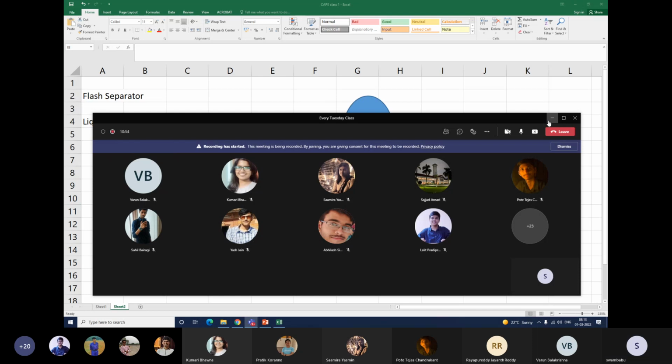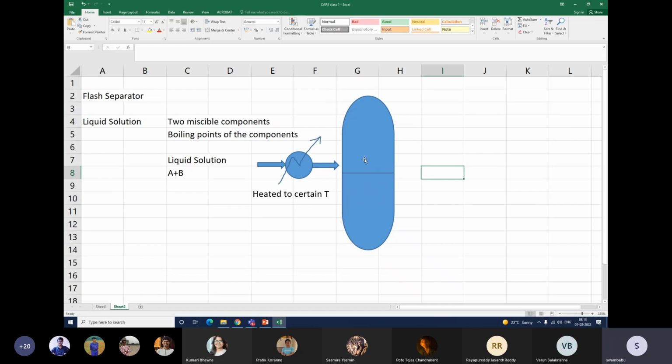Let's say we have a vessel where we have introduced liquid, and the pressure inside this chamber is decreased. When pressure decreases, what will happen to the boiling point of the liquid solution? Will it boil more or less? More. It boils more, vaporizes more, right? Yes, sir.